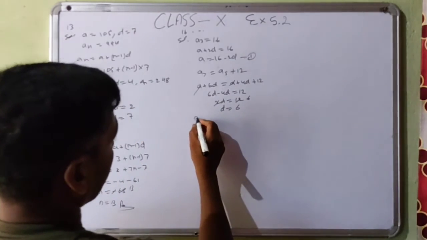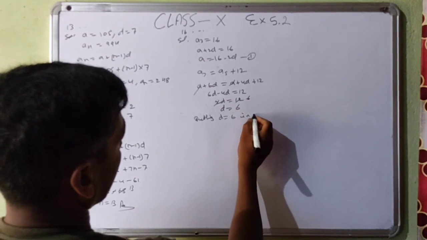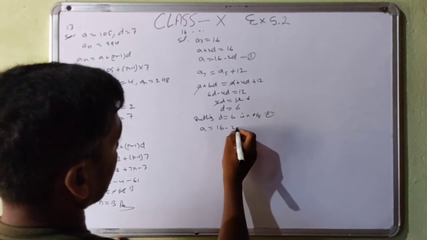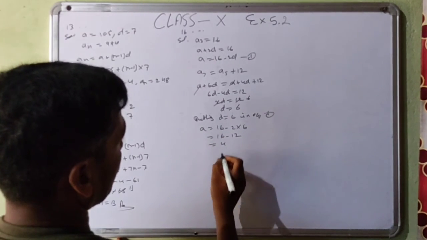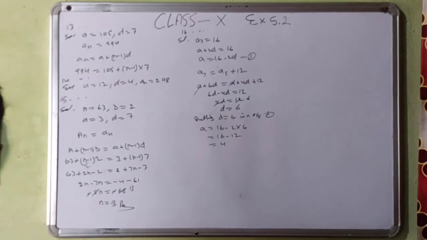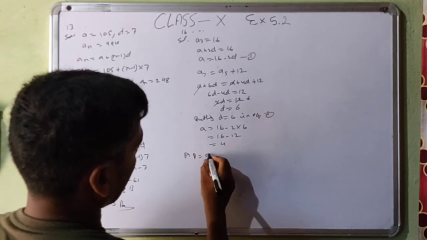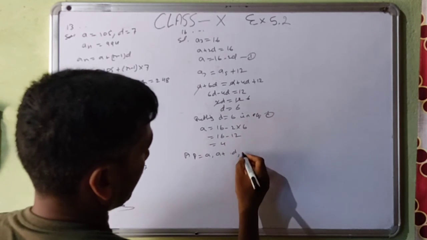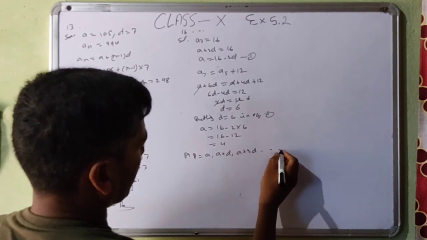And then putting D is equal to 6 in the first equation, A is equal to 16 minus 2 into 6. So 16 minus 12 is equal to 4. A and D we have found here. Now the AP is A, A plus D, A plus 2D, and so on.